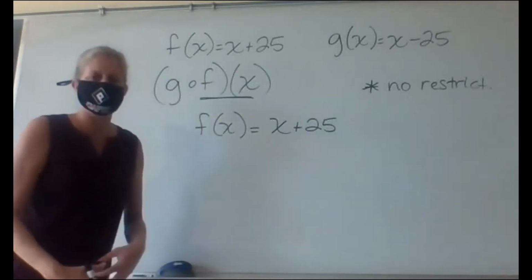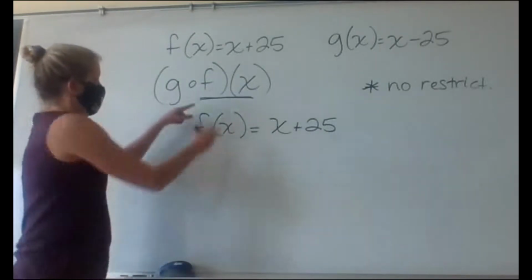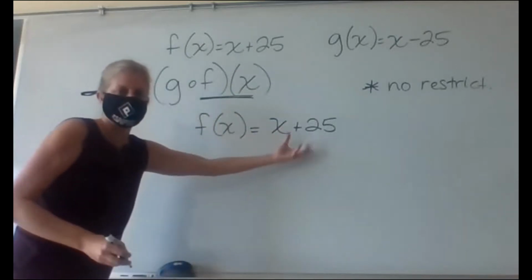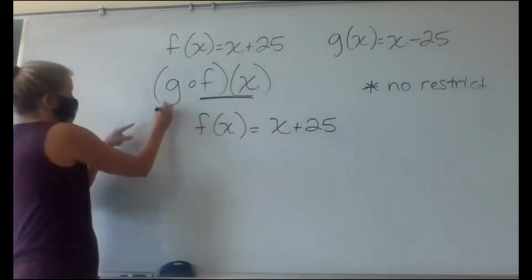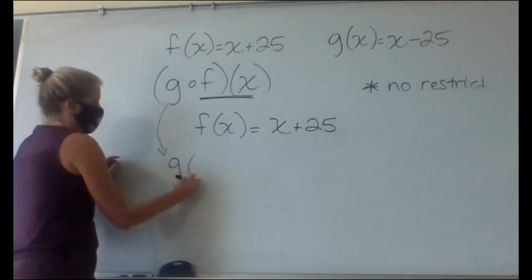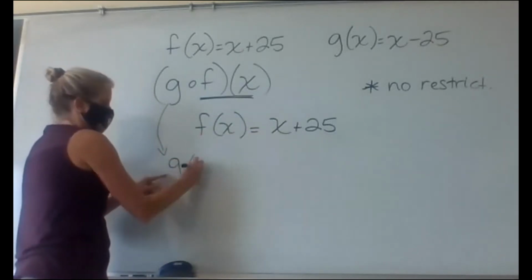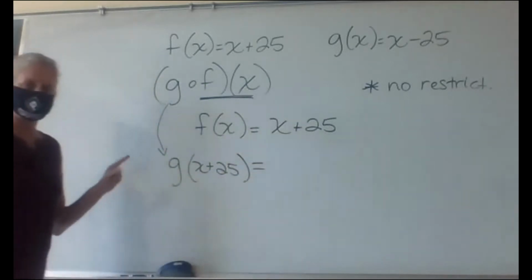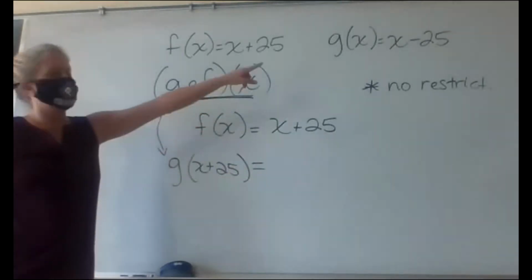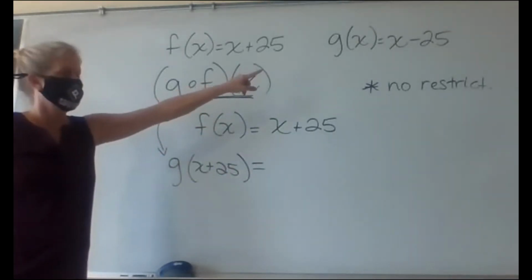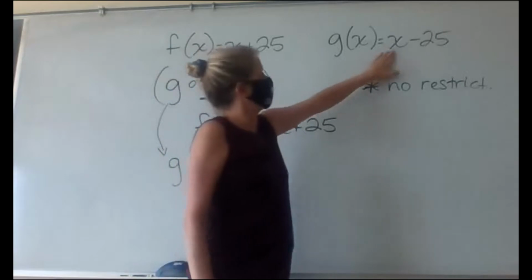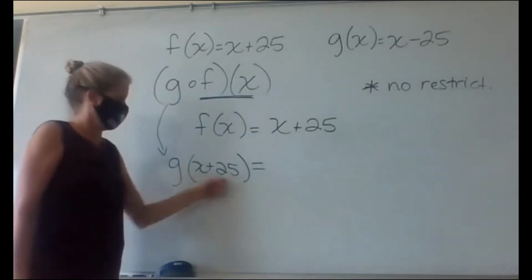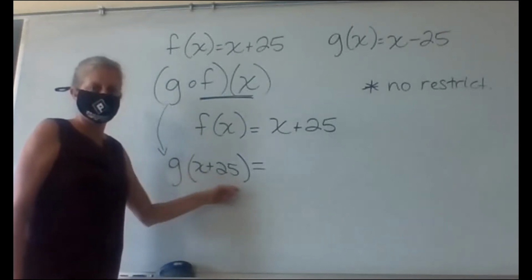Then keep going with the composition. I found the inside, f of x. I got a solution, I just couldn't simplify it. So now I find g of that solution, which is x plus 25. Which means go to my g function, wherever I see an x, which is right here, what am I going to put in its spot? x plus 25.